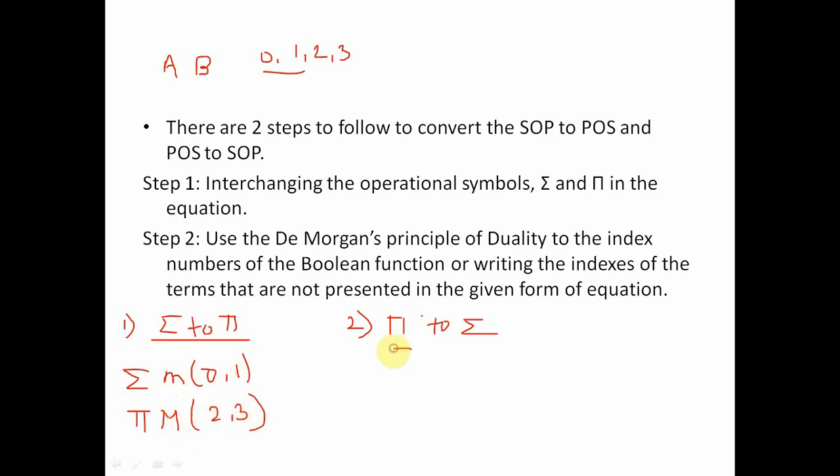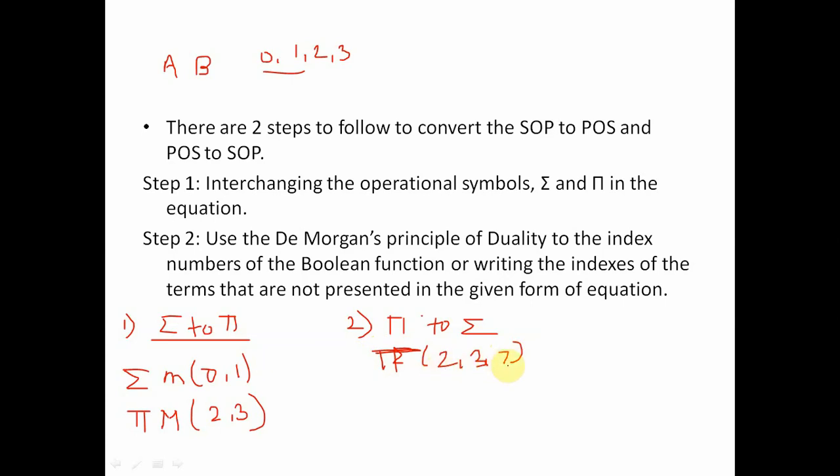For example, as the second example, I am taking 2, 3, 7. How many numbers are present here? Three numbers are present, with minimum number 2 and maximum number 7. Here I am writing pi m of 2, 3, 7. So apply De Morgan's theorem.